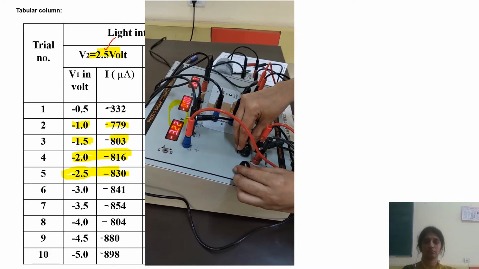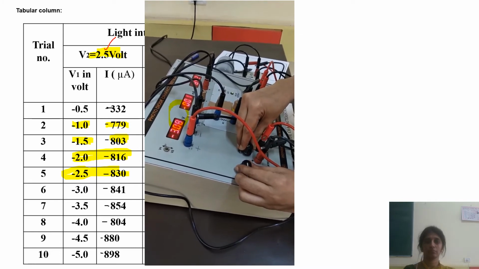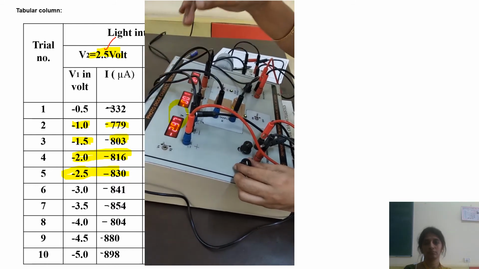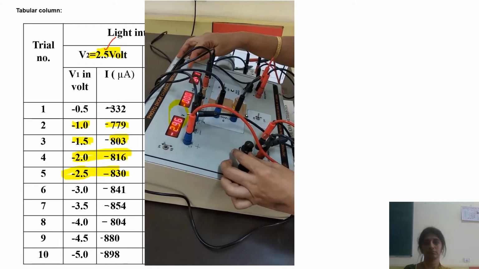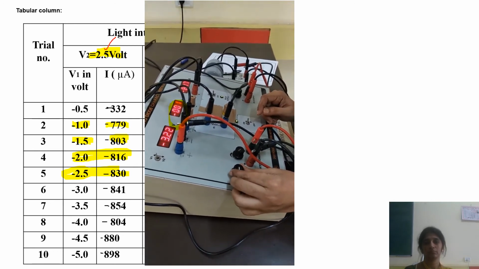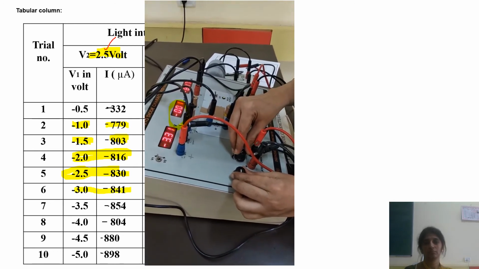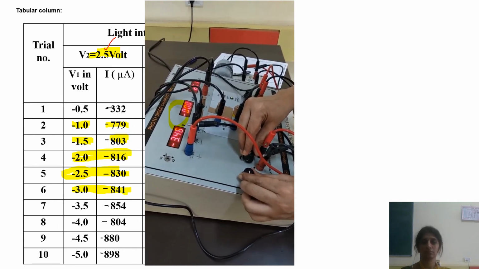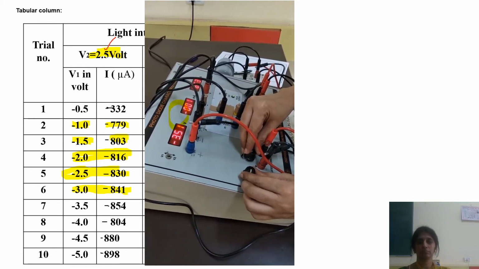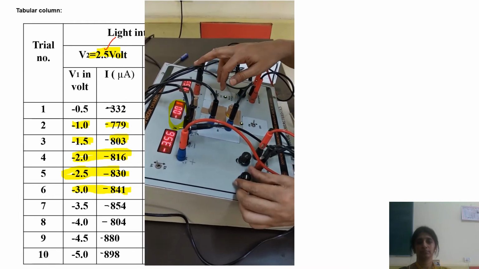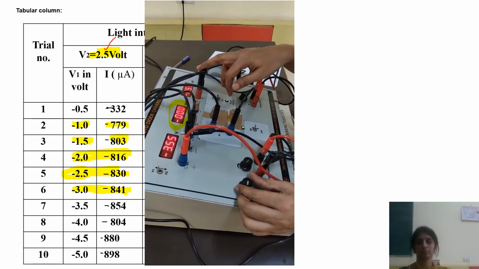Next, keep it for 3. For 3 volt, the current appears to be 841 microampere. Next, keep it for 3.5. For 3.5, the current is found to be 854 microampere.